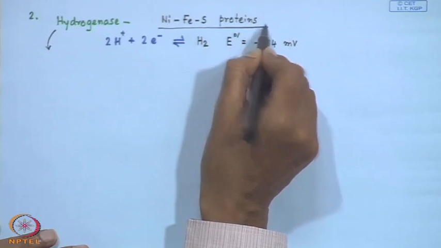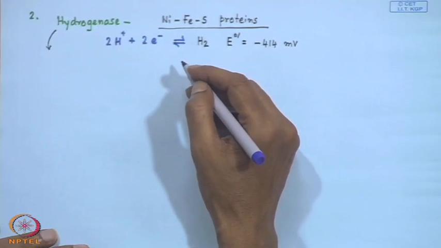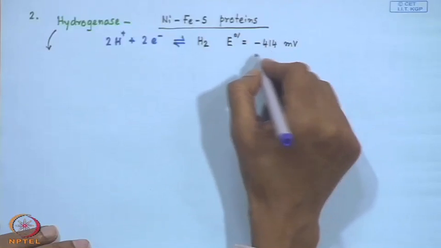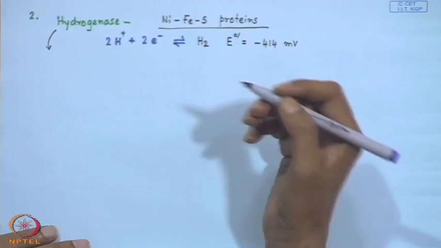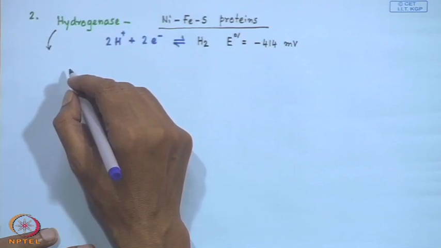And they are not only useful for the reactions of hydrogen production from the proton, because it is a highly negative potential, so we need some corresponding difficult reaction for the electron transfer to the proton.